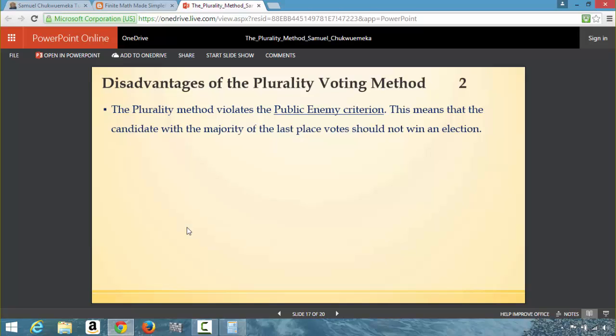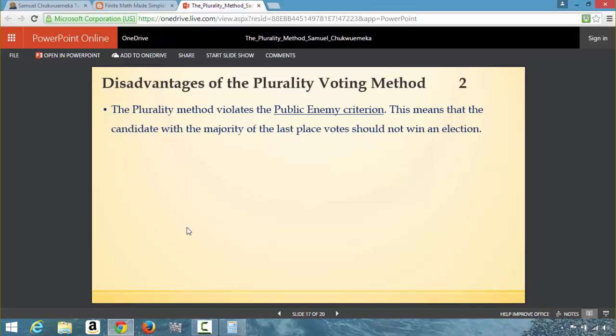It's possible under the plurality method, because he has the most first place votes. We don't look at the other votes, we only look at the first place votes. It is still possible that 62 students, which will constitute a majority, will place Desmond last, and yet Desmond will still win an election.